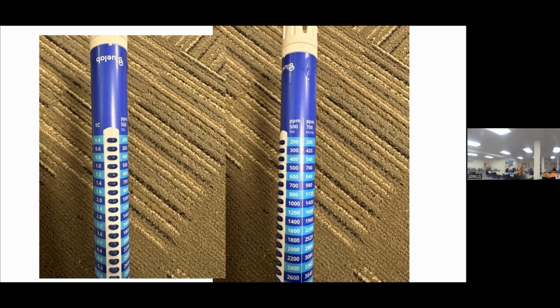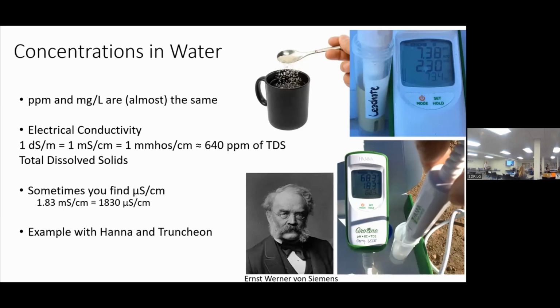I'm an instrument that measures electrical conductivity. So I know for sure that your EC is 1, but it could correspond to about 500 ppm of total dissolved solids, or to 700 ppm of total dissolved solids, or somewhere in between. So I want you to be aware that this is a conversion that's a little shaky.